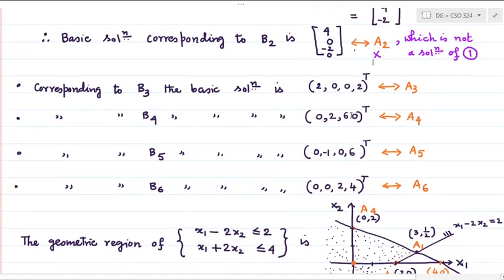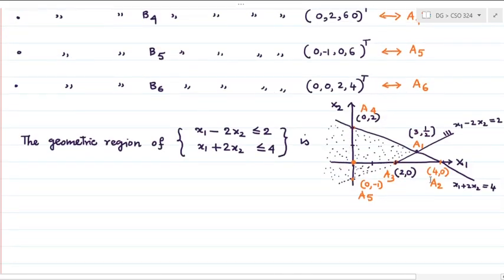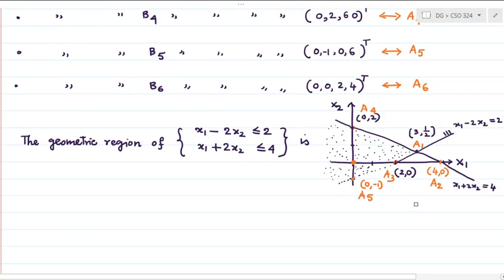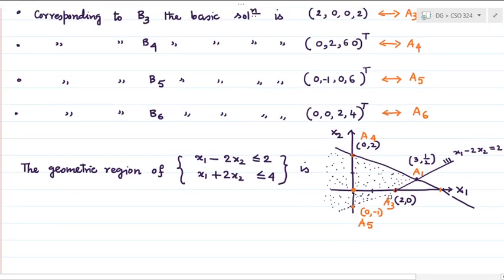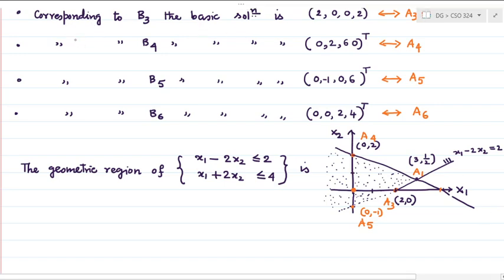No other point, all other components x3 and x4 are greater than or equal to 0, so only a2 has to be deleted. We rub it out, a2 is not to be taken into account for the given inequality region. Fine. So you then have the rest of the points a1, a3, a4, a5 and a6. These points are to be taken into account. The location of a6 is over here.